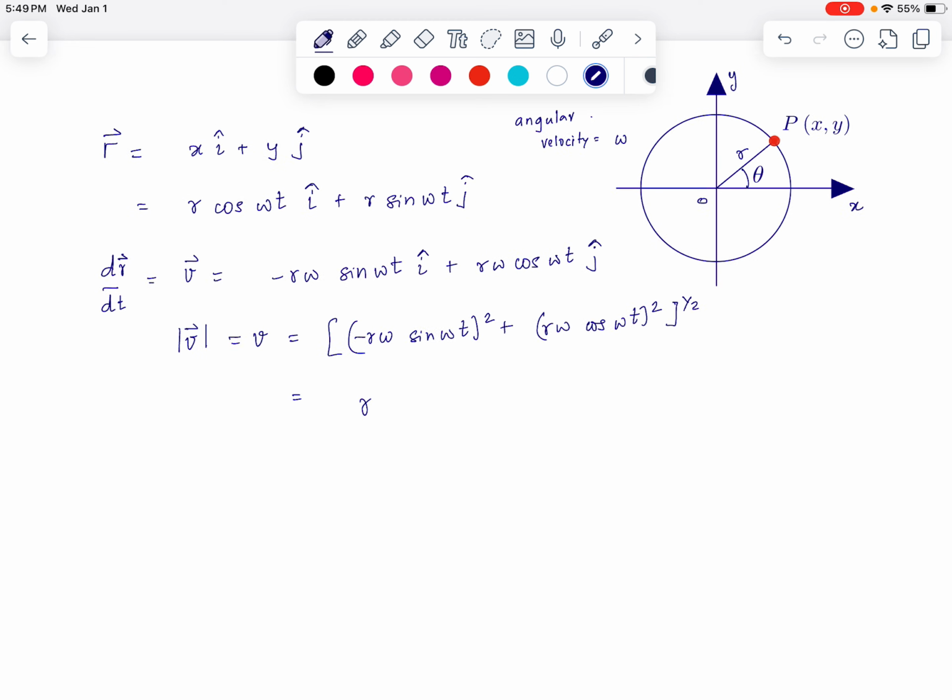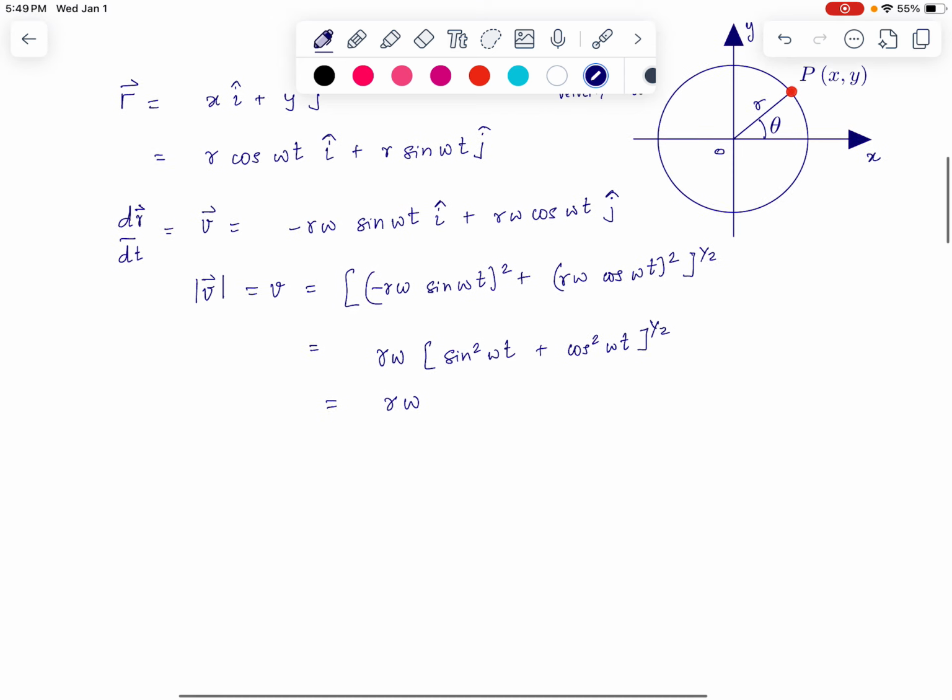We can take r omega outside the square root, and we are left with the square root of sine squared omega t plus cosine squared omega t, and this entire expression is just 1. The square root of 1 is 1, so we have the linear velocity equals r times omega.